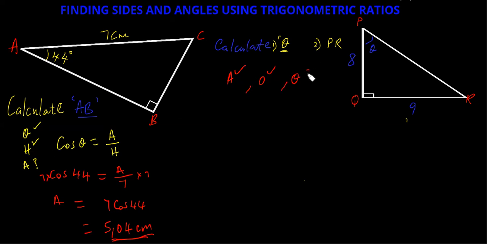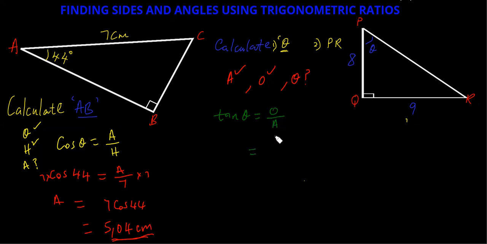So that's the one in question. So we're looking for the size of theta. So we are having opposite and adjacent. So what uses opposite and adjacent in our trig ratios is tan. So you're going to say tan theta is equals to opposite over adjacent.